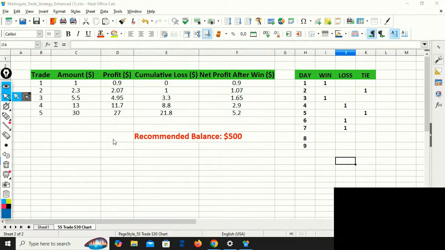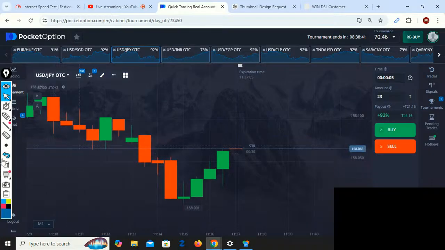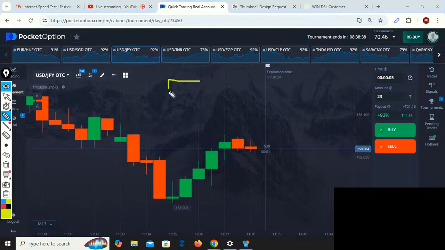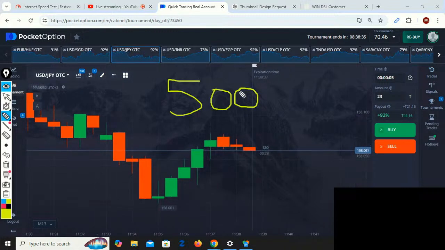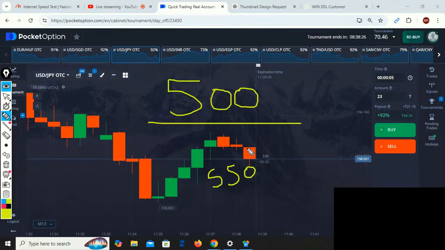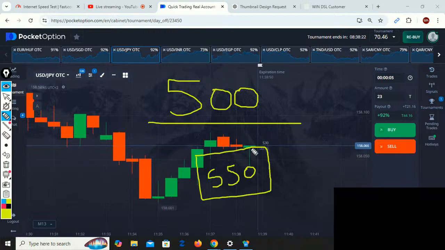You can do something. For example, let's say your starting amount is $500, okay? And you made 550. You traded two sessions, $25 goal each, and you made 550. So you stop trading for the day.